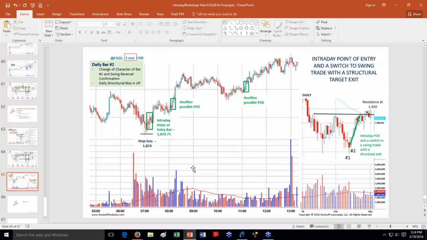So if we want to add to our swing positions, we have to wait for the higher time frame structure. Okay, so that I don't quite understand.